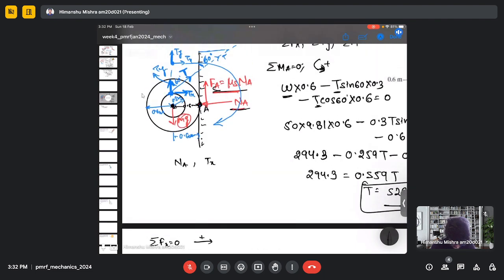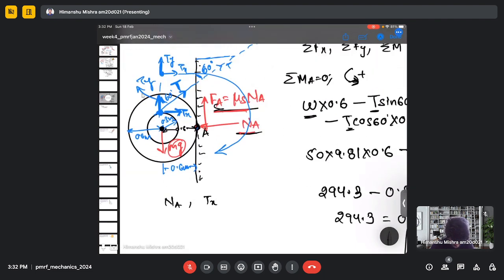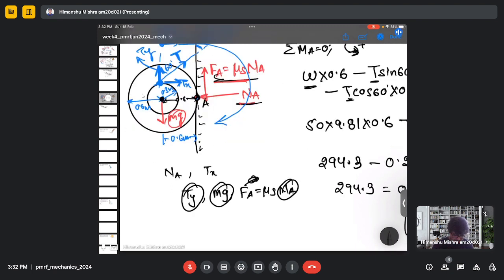And then we do the vertical force balance. We have a vertical component of tension, we have weight, and we have this friction force, which is mu s NA. So we already found normal reaction, we know weight, and we already found the tension as well. So by balancing these forces, we can easily get the coefficient of friction.